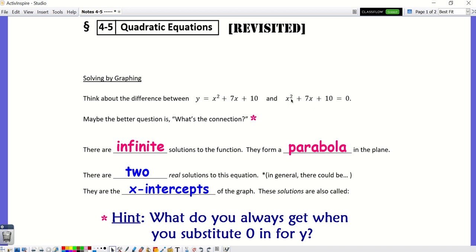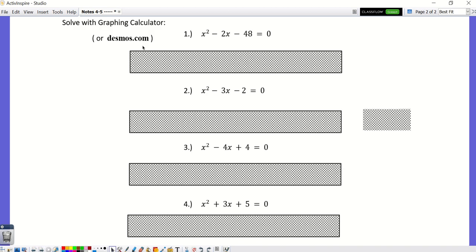To solve this equation, we graph this in the plane and we just look at the x-intercepts. And the extra good news here is we're going to take a shortcut to graph these. We're going to use technology. You can use a graphing calculator if you have one, but you know what's even better than a graphing calculator?